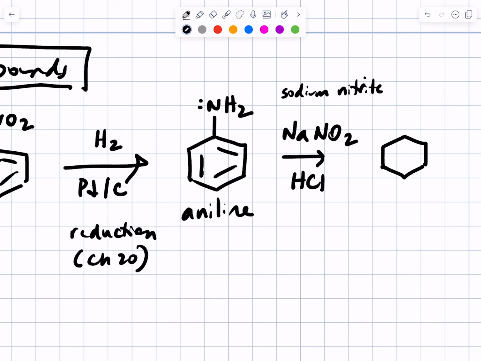NaNO2 is called sodium nitrite. And this will add another nitrogen to the nitrogen of the aniline and will generate this species and a counter-ion chloride, and this is called a diazonium salt.